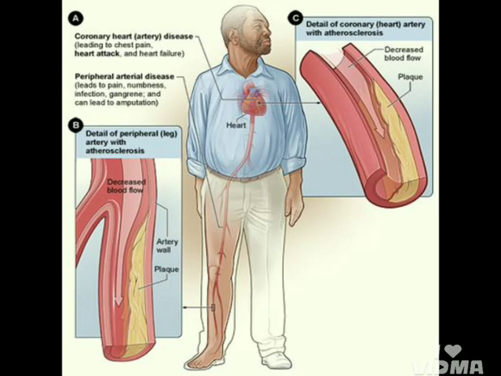Then medications like statins. Statins lower bad cholesterol and stabilize plaque, reducing the risk of rupture. Then antiplatelet medications like aspirin and clopidogrel. Then beta blockers. Beta blockers help in reducing the workload of the heart and relieving chest pain.